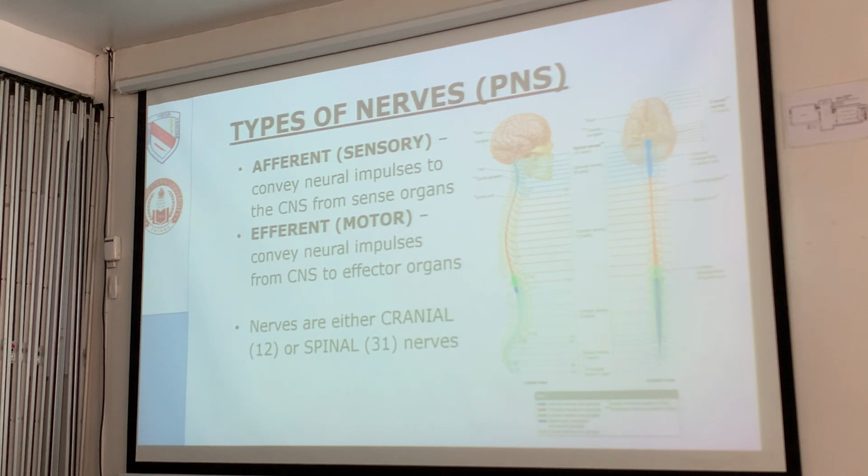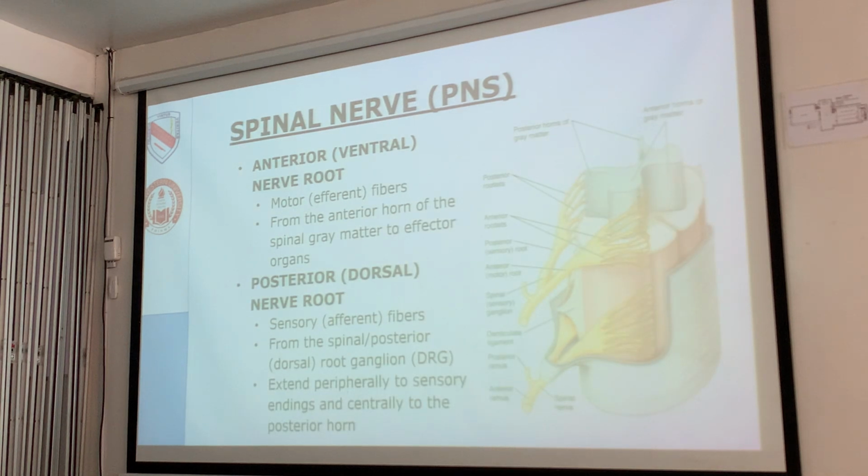Spinal nerves, again, you are correct: 31 spinal nerves. For the spinal nerves of the PNS, you have the anterior ventral nerve root and the posterior nerve root. This is just good to know as of this level. During the neuro or spinal cord discussion, this should be discussed in great detail.